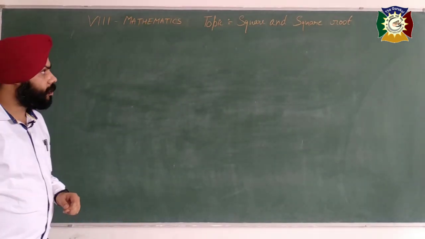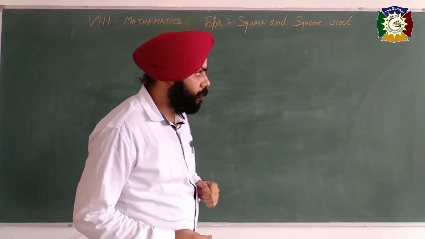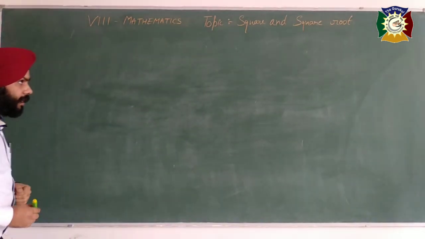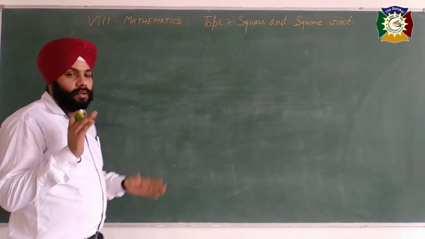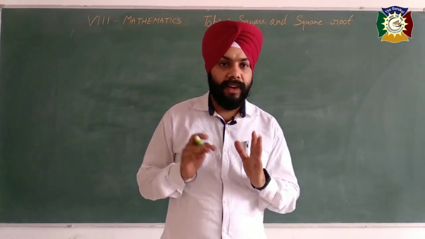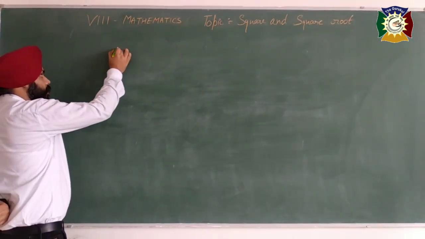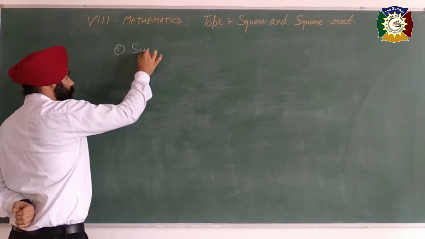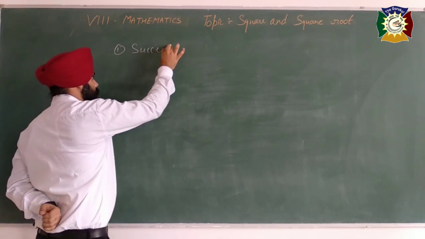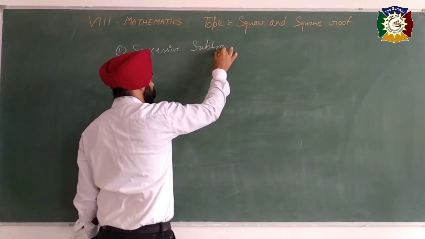Yesterday we discussed our topic square and square root. In this we discussed how to find the square root of a perfect square number by various methods. These methods are: first, successive subtraction.